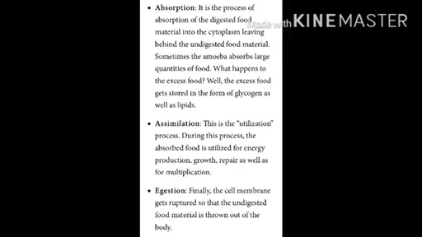Assimilation. This is the utilization process. During the process, the absorbed food is utilized for energy production, growth, repair, as well as for multiplication. Now the last is egestion. Finally, the cell membrane gets ruptured so that the undigested food material is thrown out of the body.